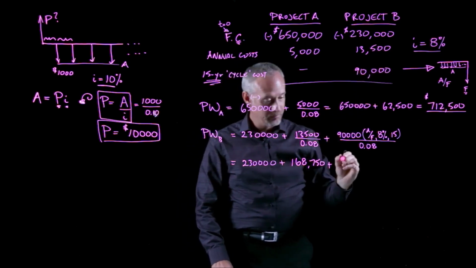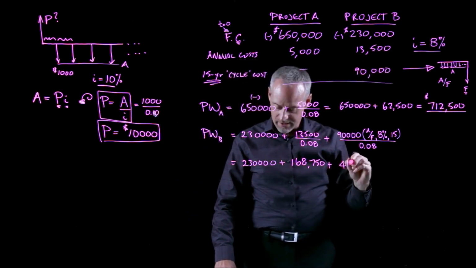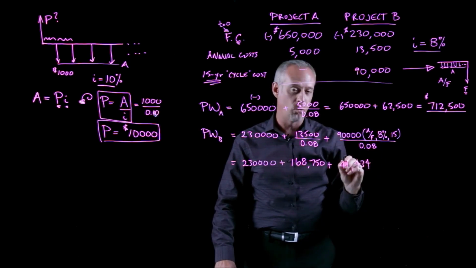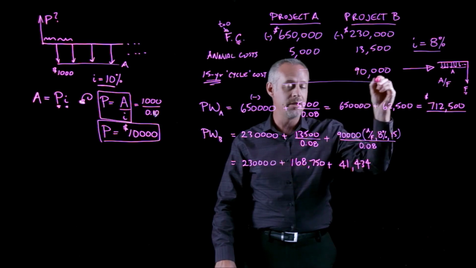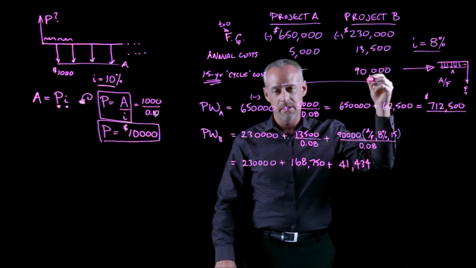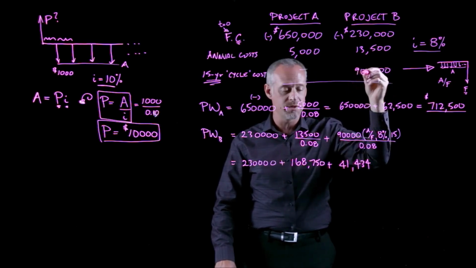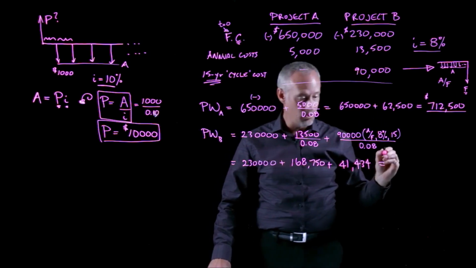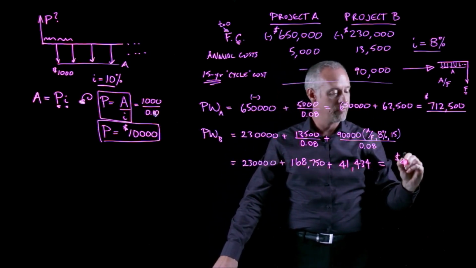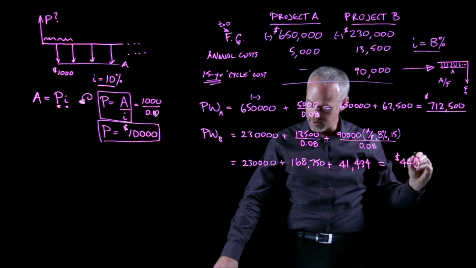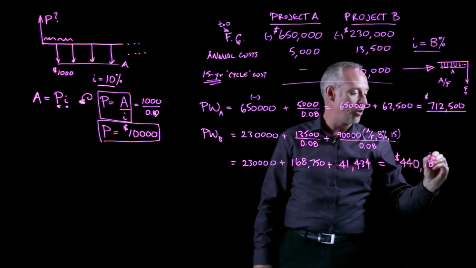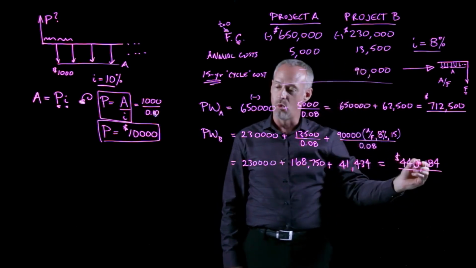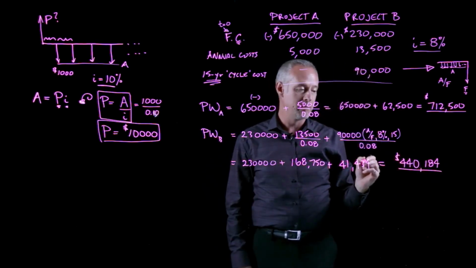And we have $41,434 as the present worth of the $90,000 that occurs as a cost every 15 years. And I'll just work out what that totals. We have $440,184. So this becomes the present worth of project B.